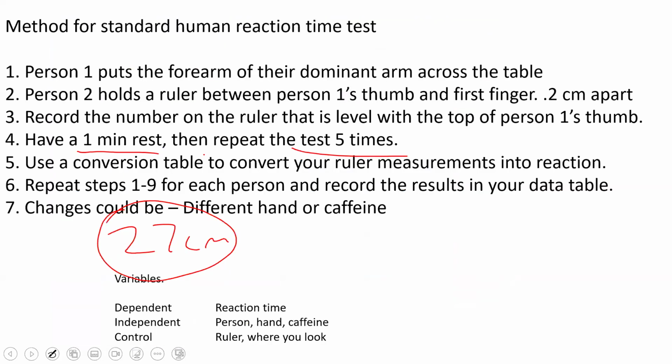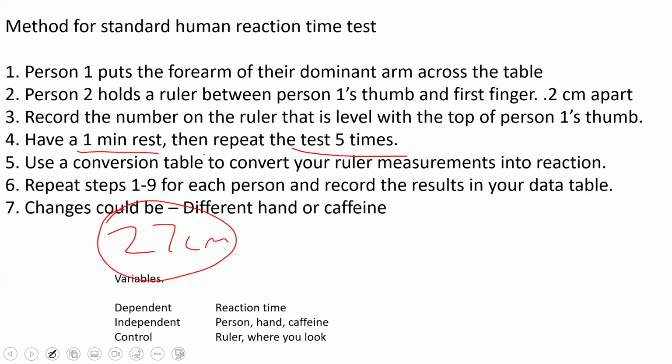Okay, right. Now, they're also going to chuck in a comparison. They're going to say, you've done it with your normal right hand. Compare the results for your left hand. You might have a female partner. Compare the right hand of a male and the right hand of a female. Or you've got your right hand and then you have a drink of coffee for caffeine, right?